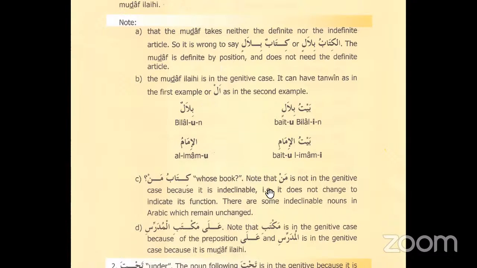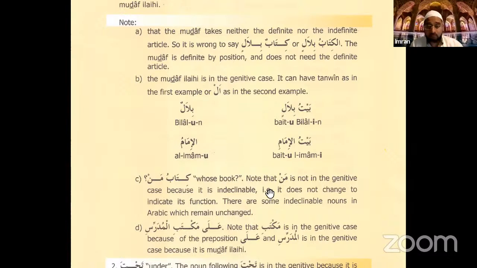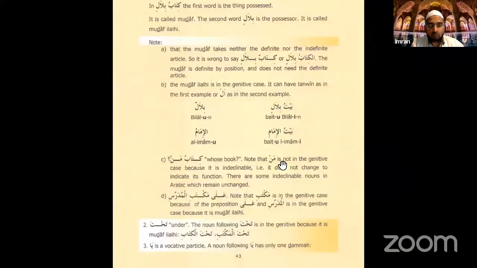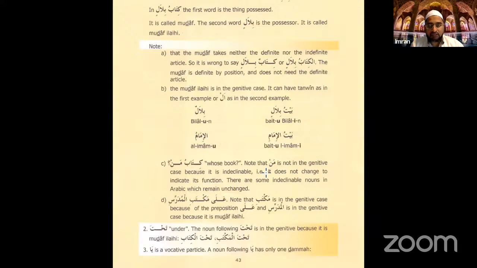Bilalun, baytu bilalin; al-imamu, baytu al-imami. Excellent. So Baytu Bilalin and Baytul Imami. It can either take a kasra tanween or one kasra. So this is the whole lesson. And then the harakat of the mudaf, as we will do with the other class.